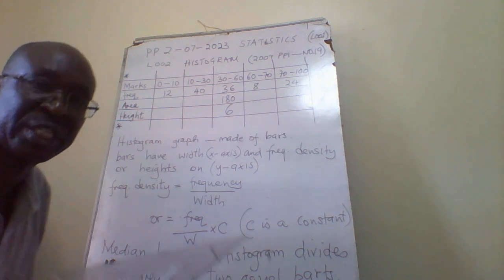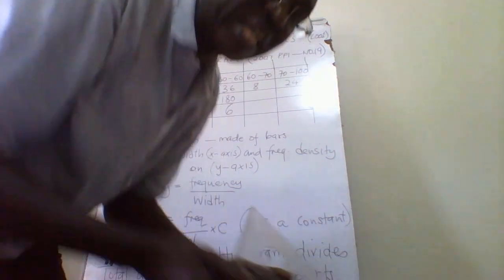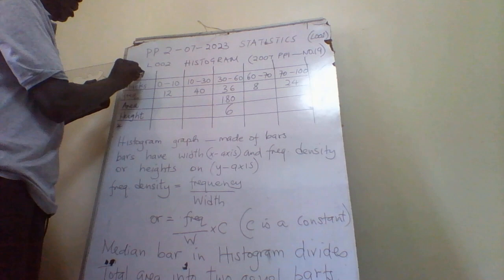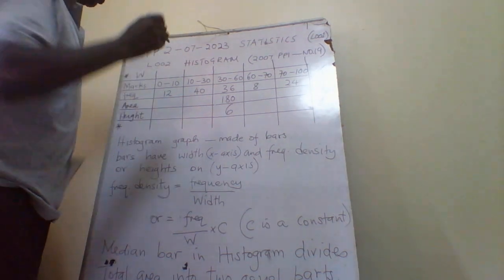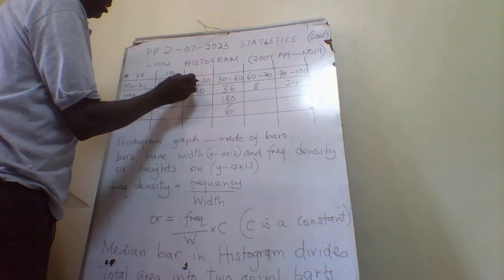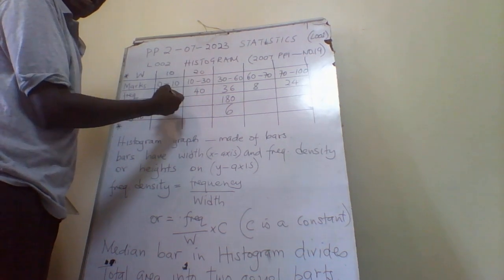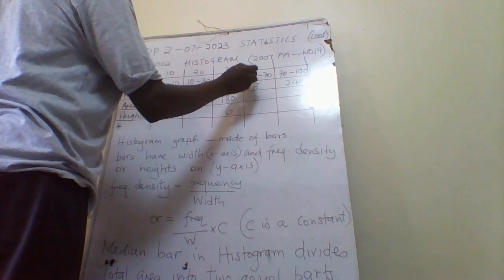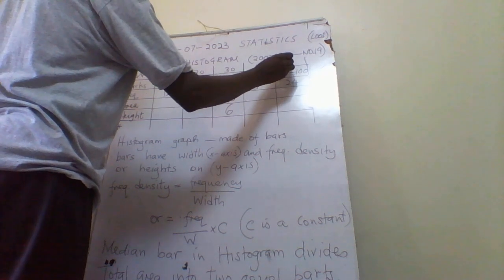So I can squeeze here the width. Let us use letter W. So I have W here. That is my width. And then you compute. This will be 10. This will be 20. You just subtract the figures. This will be 30. This will be 10. And this will be 30.